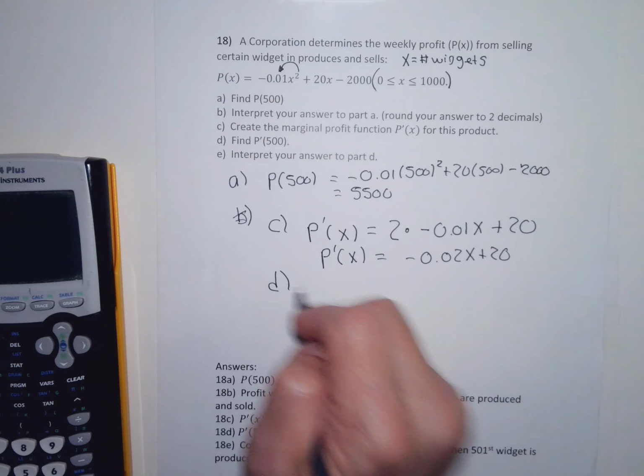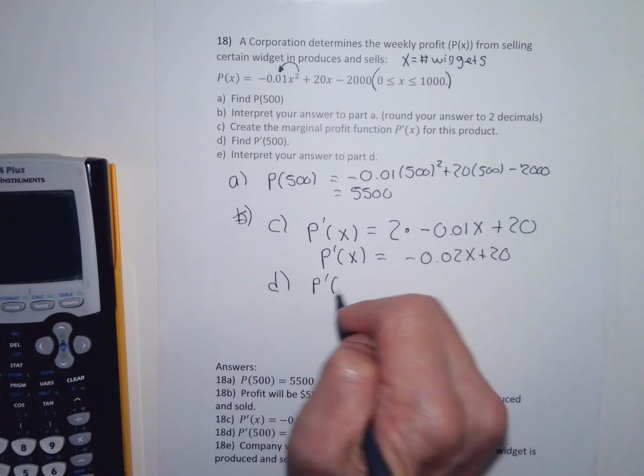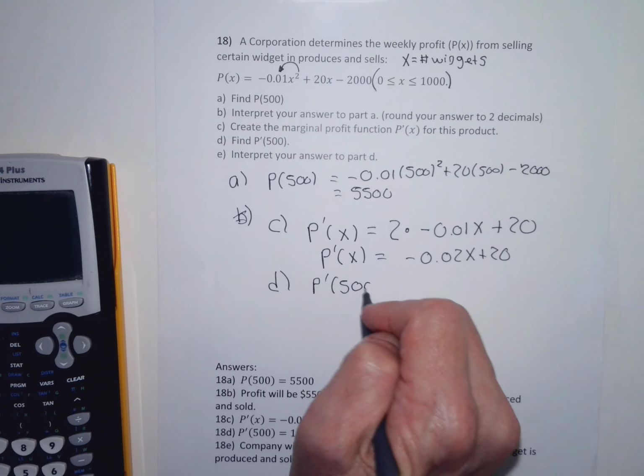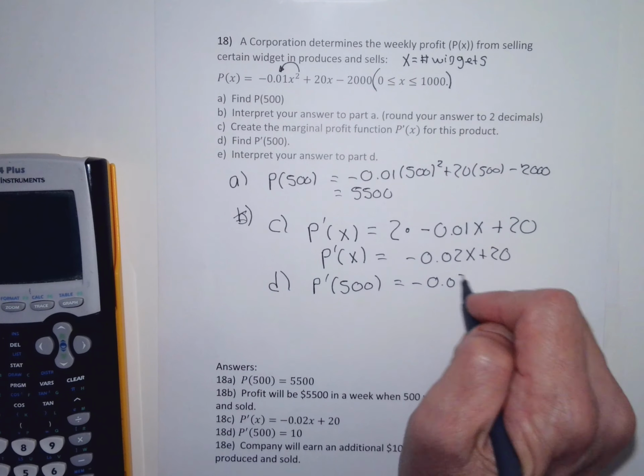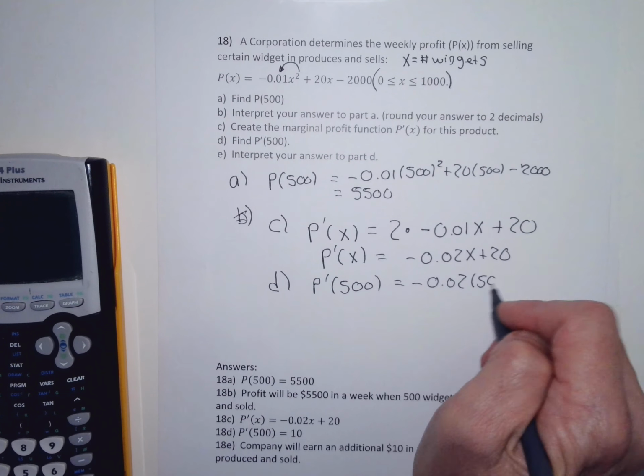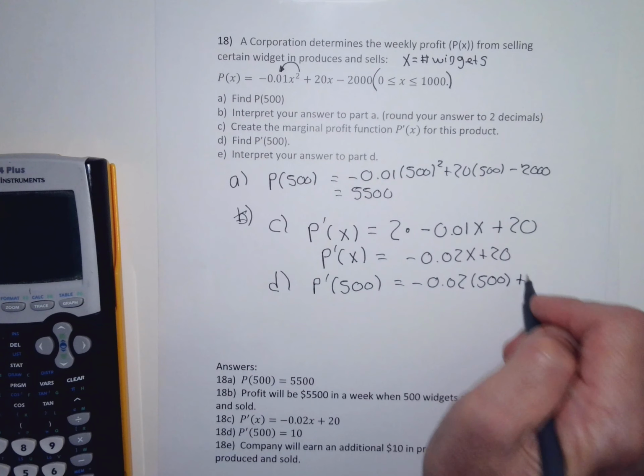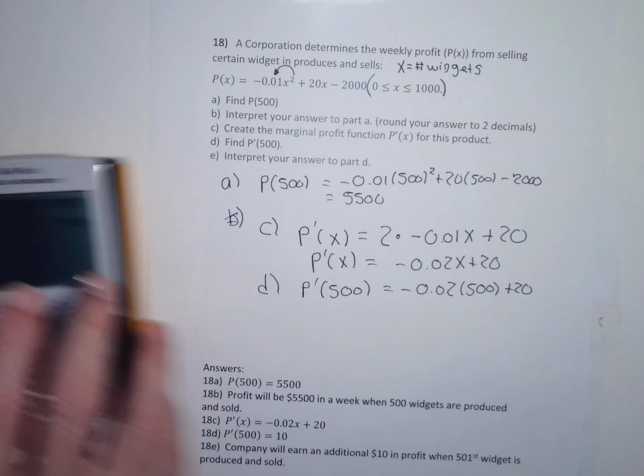Part D wants me to plug in 500, not into the profit function, but into the marginal profit function. And I get negative 0.02 times 500 plus 20. And if I didn't make a mistake, this comes out to be 10.